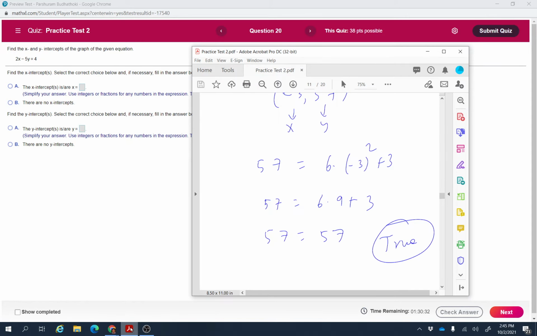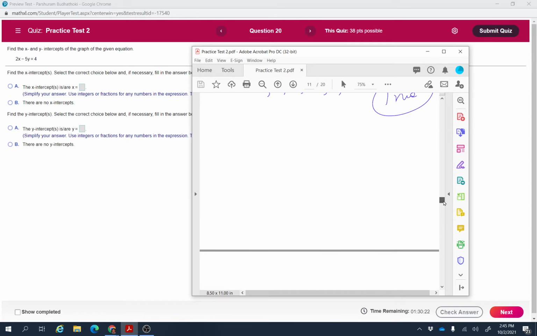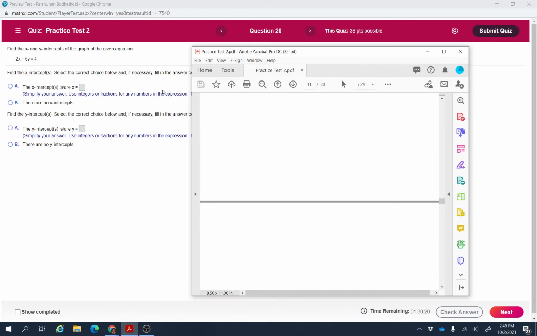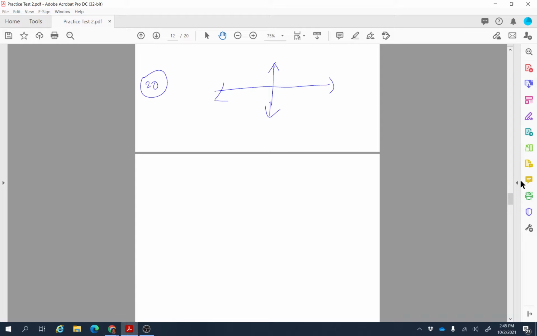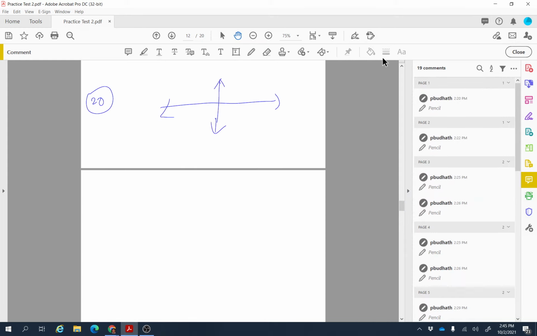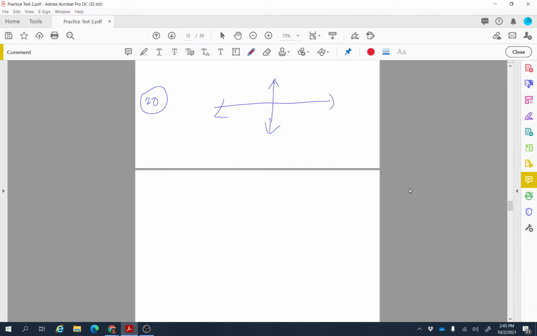X and y intercept means: x-intercept means when you put y equal to 0 in the given equation, and y-intercept means when you put x equal to 0 in the given equation. So let's say this is problem 20. So you have a graph and there is a line, this line.